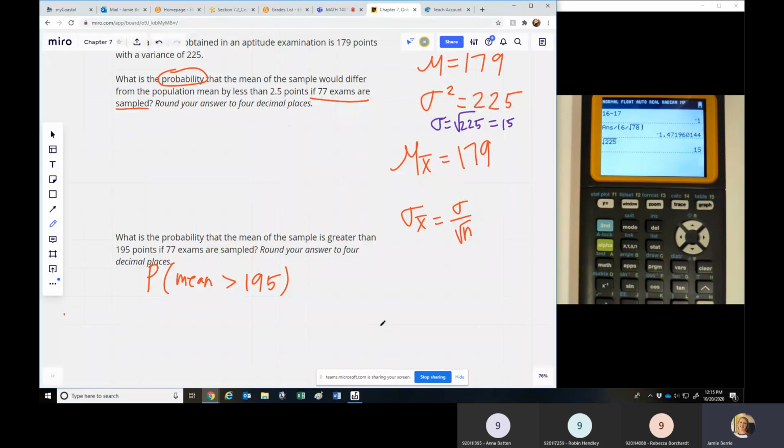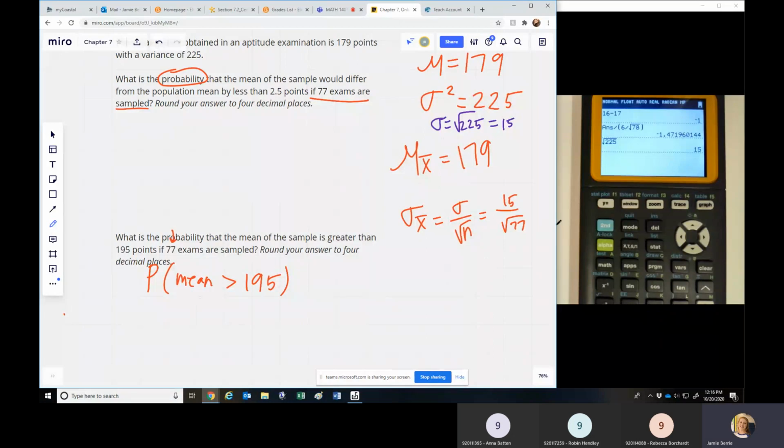So that tells us that our standard deviation of our sampling distribution of sample means would be 15 divided by the square root of our sample size, which was 77. Let's see, 15 divided by, actually, you know what? I'm going to leave it just like that, so that I don't have any rounding mistakes. All right.